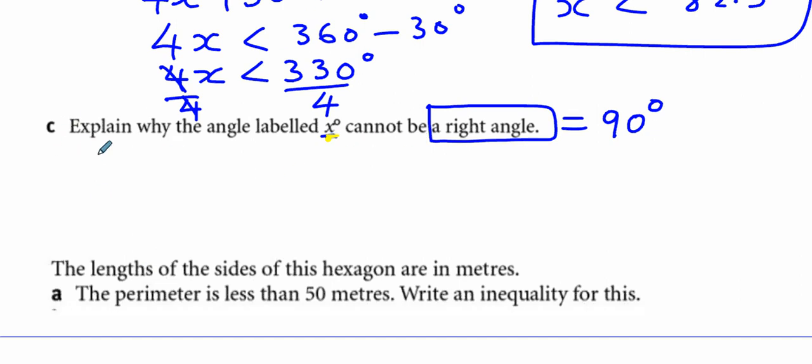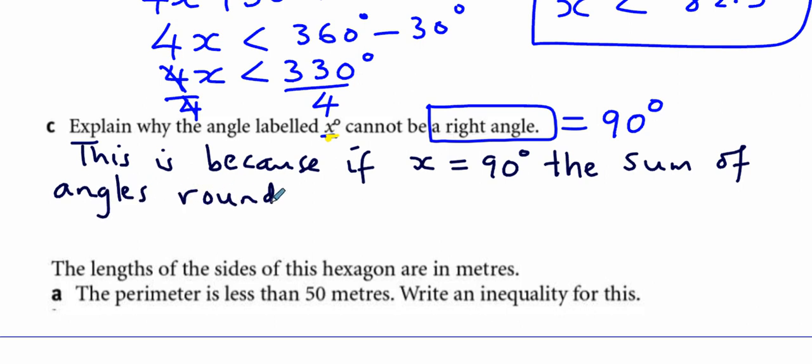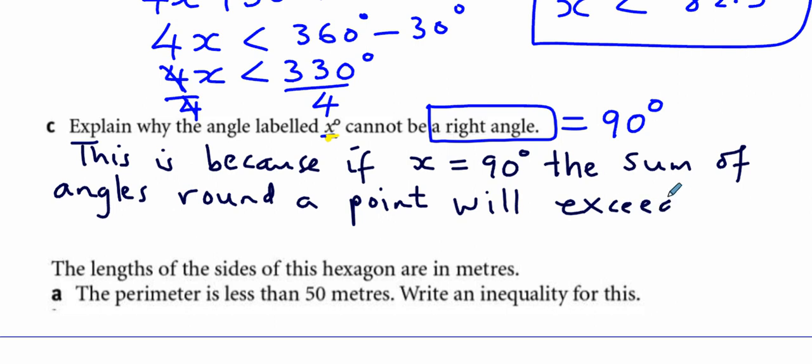This is because if x is a right angle, which is 90 degrees, the sum of angles round a point will exceed 360.